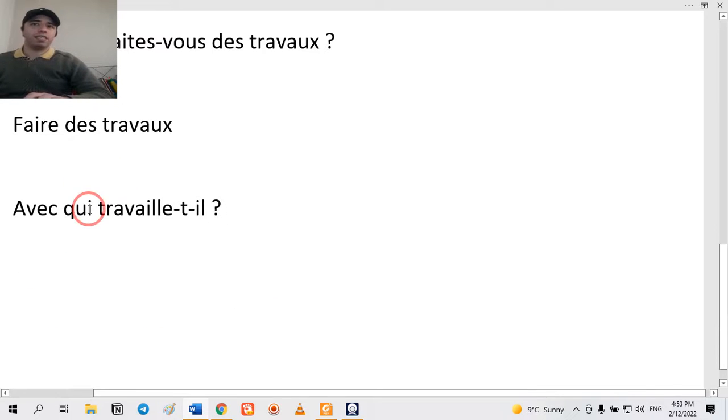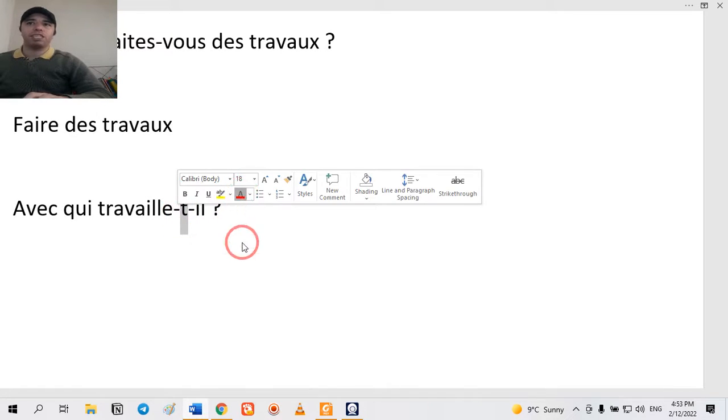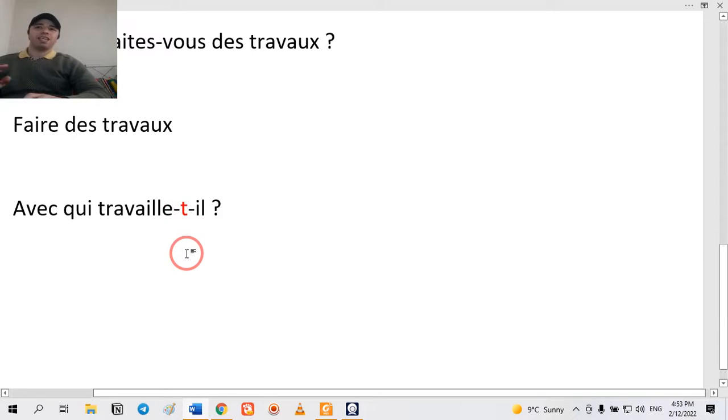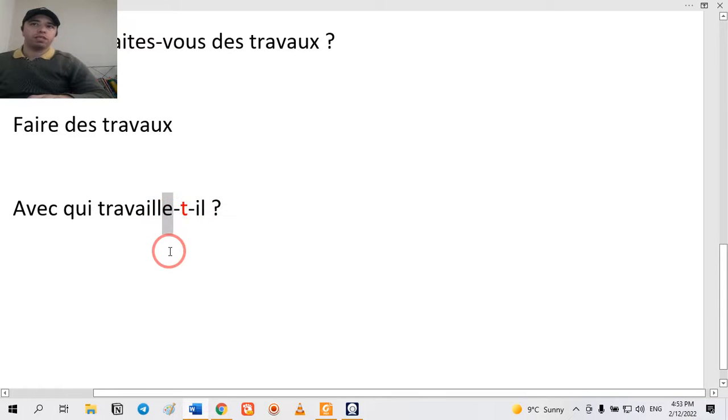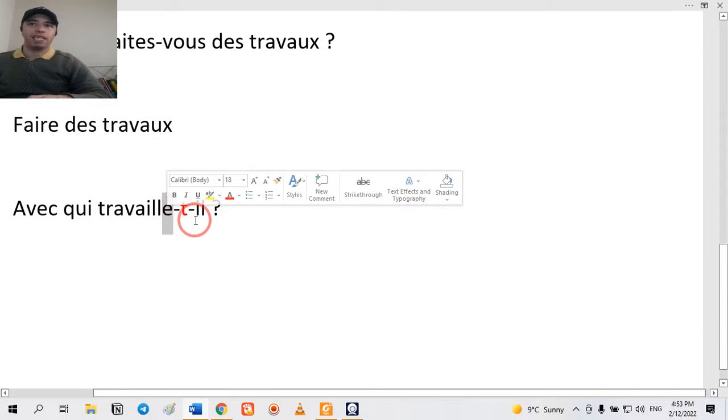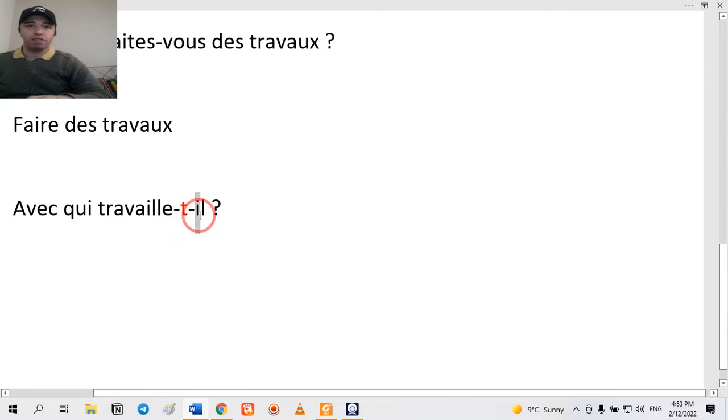This is, guys, the question word at the beginning of the sentence, then changing the place of the verb and subject pronoun. But something important here. What is this T? Whenever you change the place of the subject pronoun and verb in inversion, you have two vowels. Here you see that your verb ends in a vowel and your subject pronoun starts with a vowel.